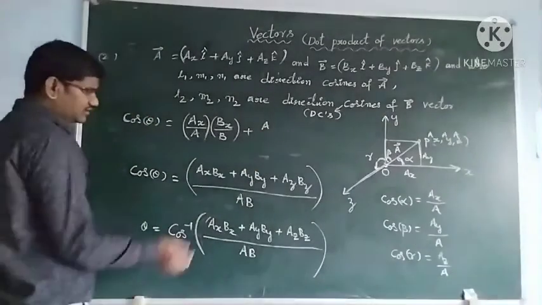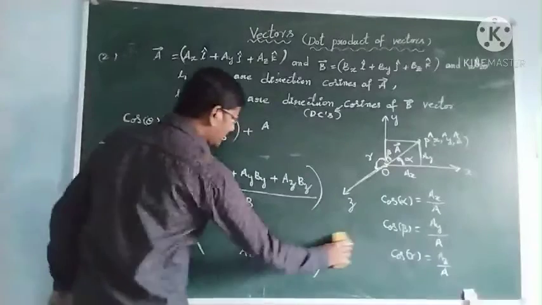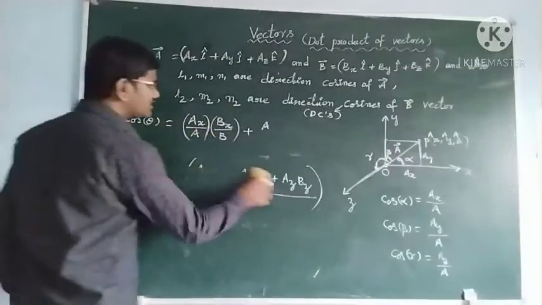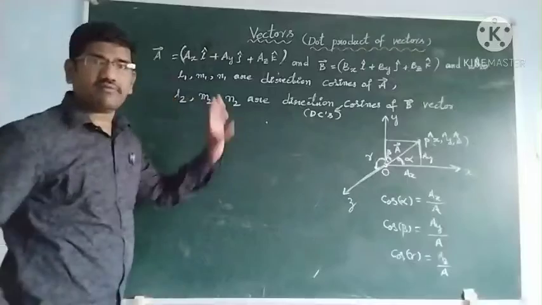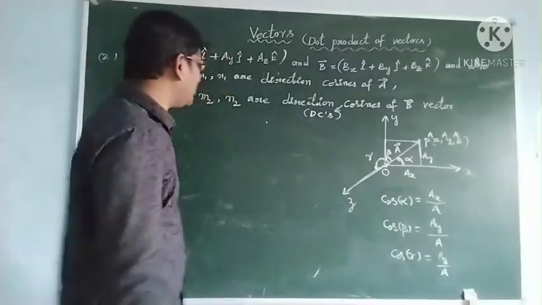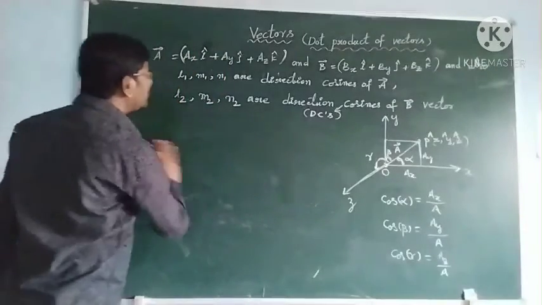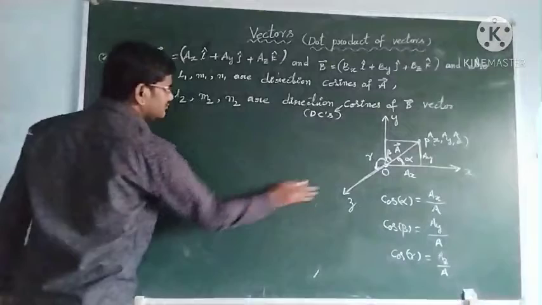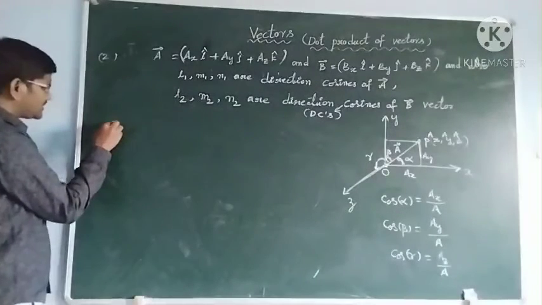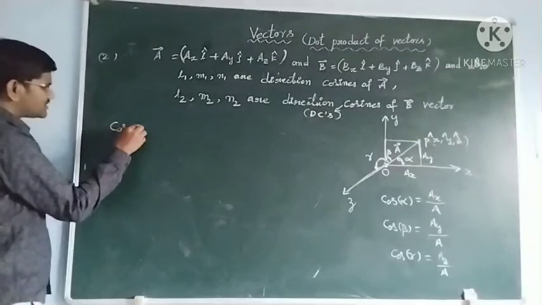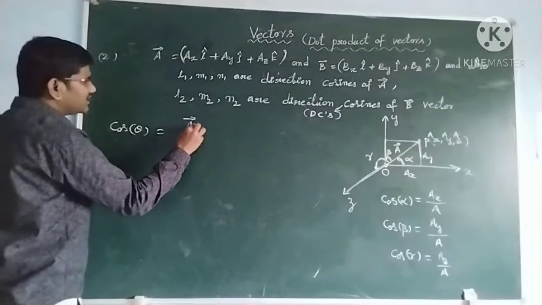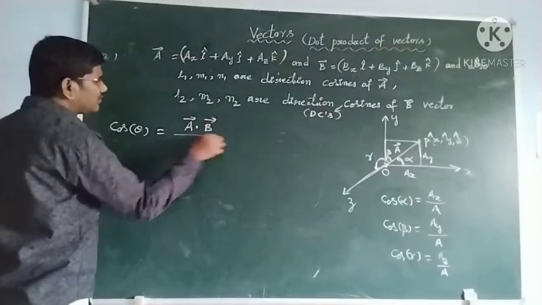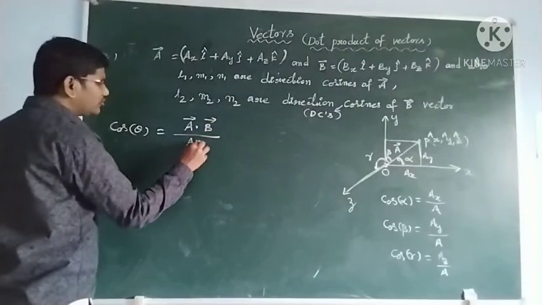You know that cos theta, the angle between the two vectors a bar and b bar, is equal to a bar dot b bar by a into b.